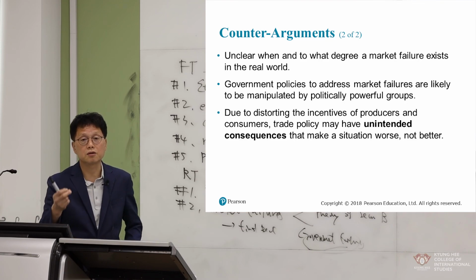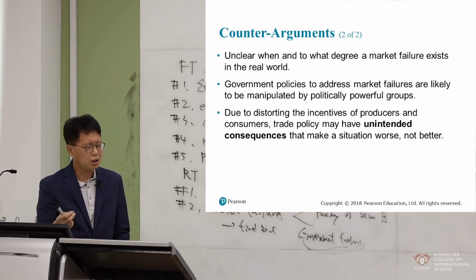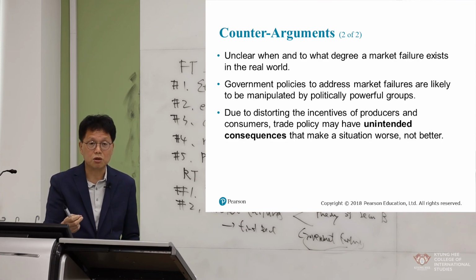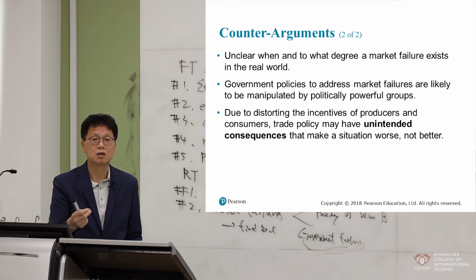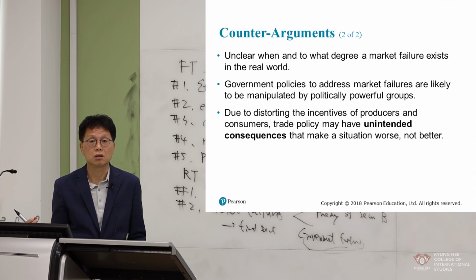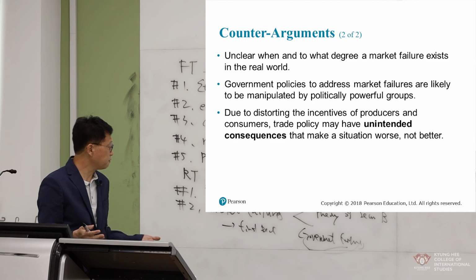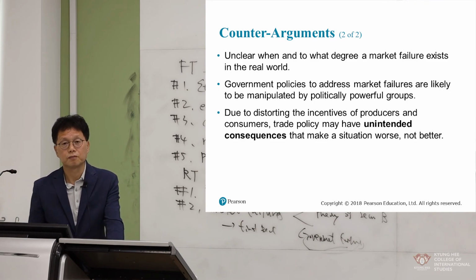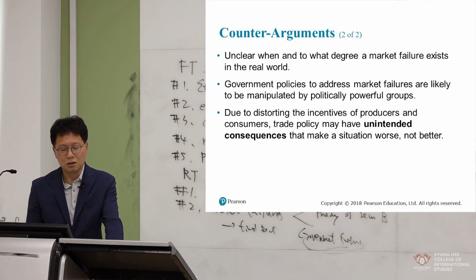That is the government failure problem. Okay? Actually, we can see lots of examples of government failure, especially in developing countries. Right? We can see some examples even in Korea.